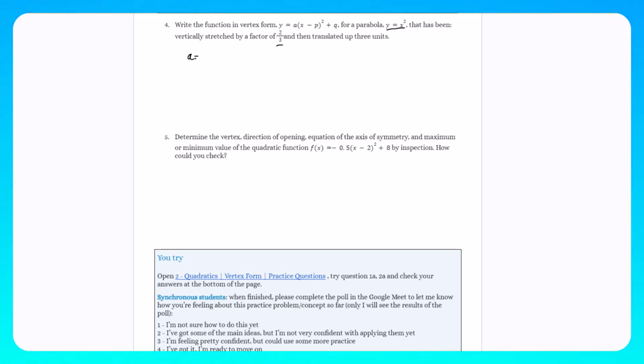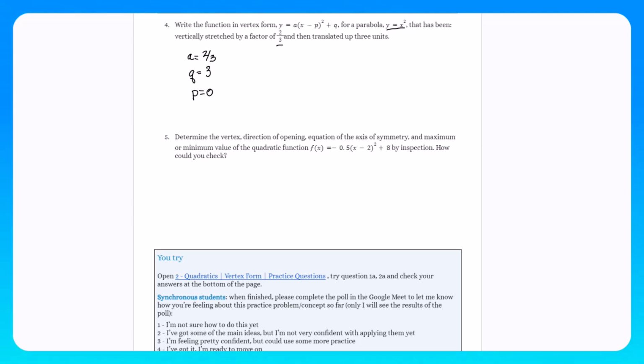That means the a value equals 2/3. And because it's translated 3 units up, that means the q must equal 3. Now, because there is no translation left or right, that means the p value equals 0.